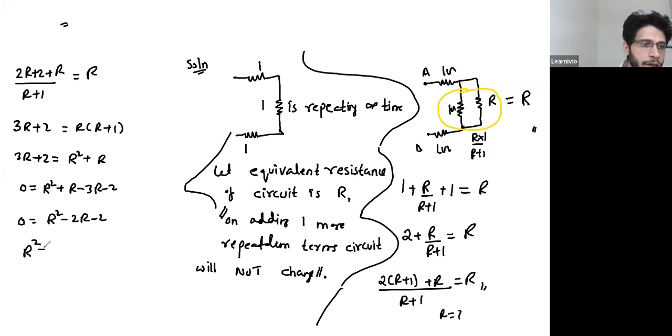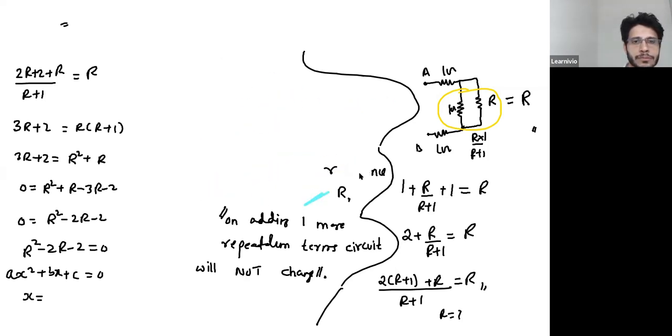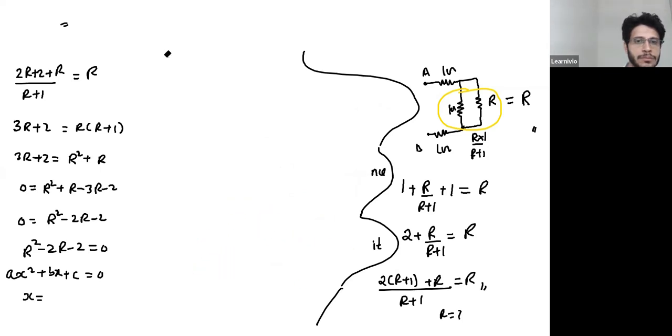See, R square minus 2R minus 2 equal to 0. To solve this equation, you can use this concept. This is a quadratic equation of the form ax square plus bx plus c equal to 0. You can use that x is minus b plus minus root over b square minus 4ac over 2a.